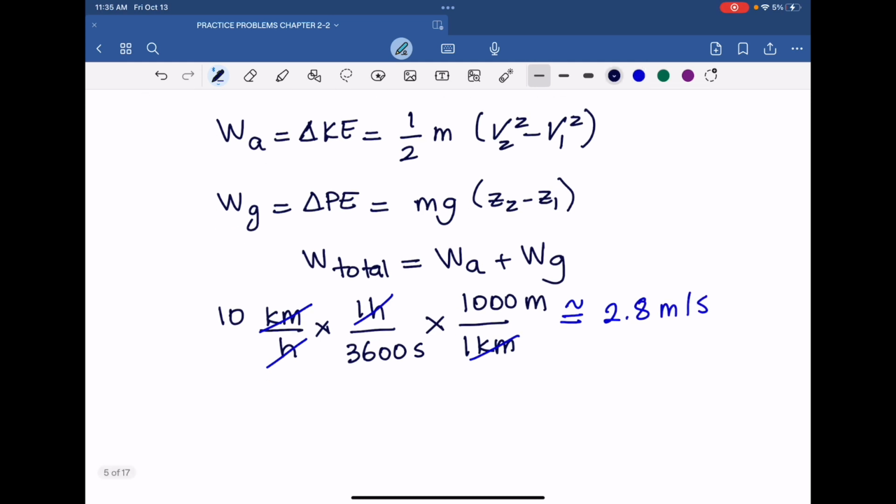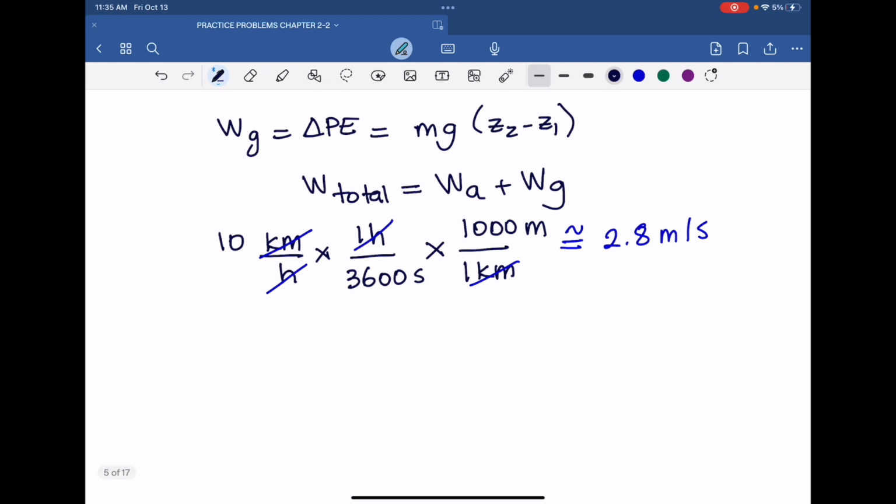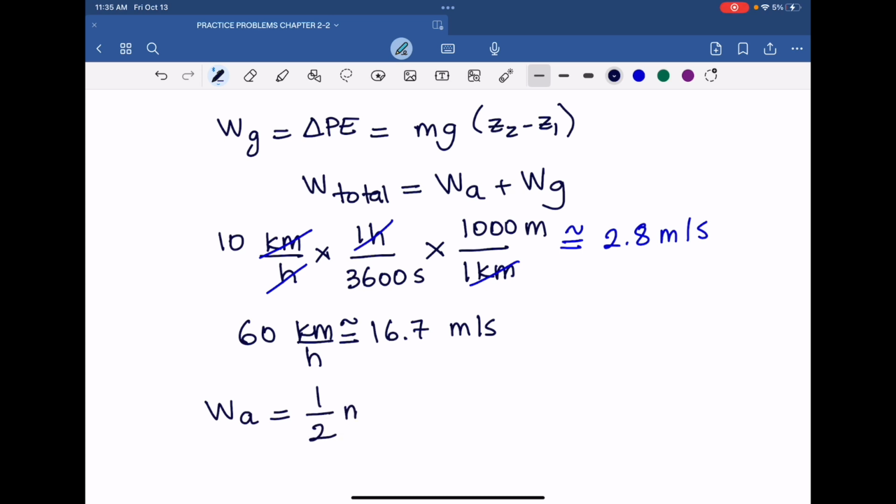Apply the same process to 60 kilometers per hour, and it should give you, I think, 16.7. So it is easier to work with these units. And now let's calculate the work to accelerate an object, which is the change in its kinetic energy.